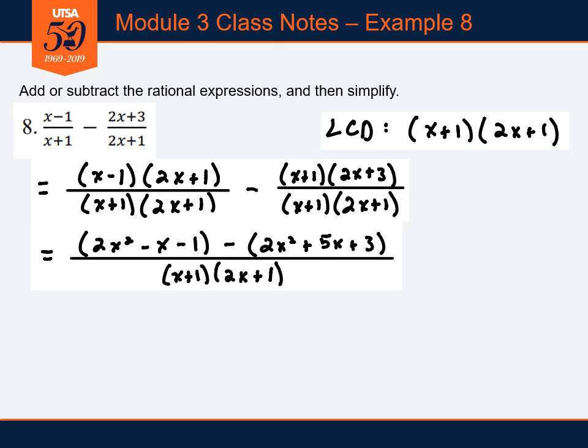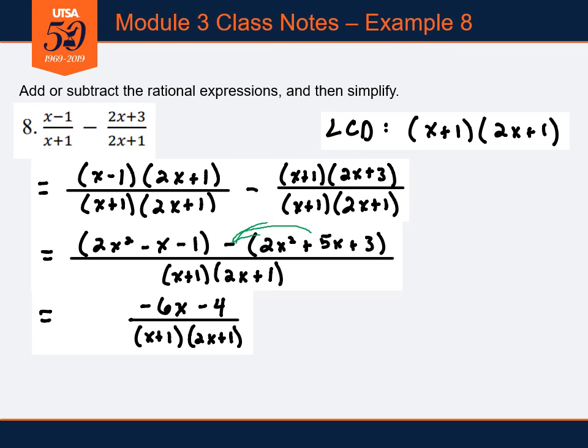Combine like terms now. 2x squared minus 2x squared, the x squared terms actually cancel. Negative x, careful, minus 5x, don't forget to distribute this minus sign. Negative x from the first numerator minus another 5x is negative 6x.